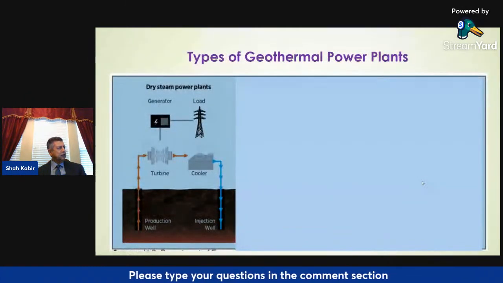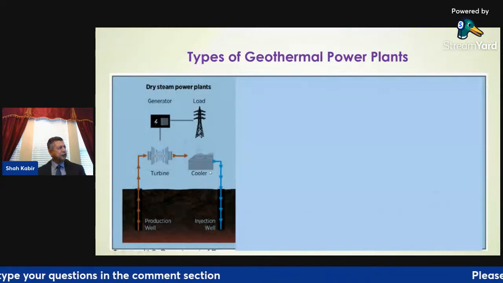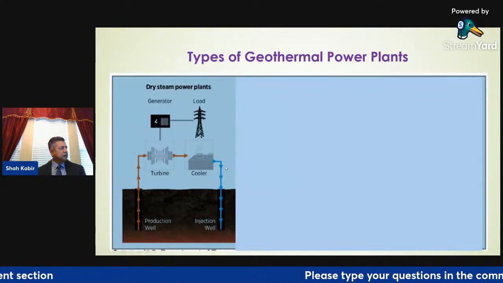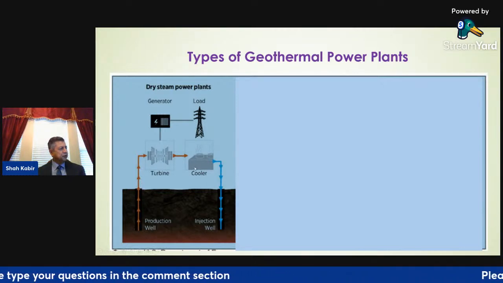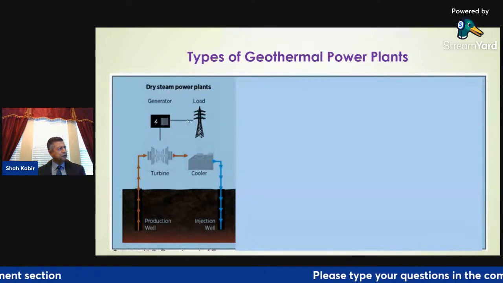What kind of plants are we looking for? In a typical geothermal plant, we produce dry steam from our geothermal system, and then it goes to a turbine, and we can generate power directly.